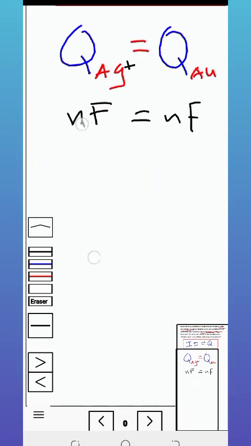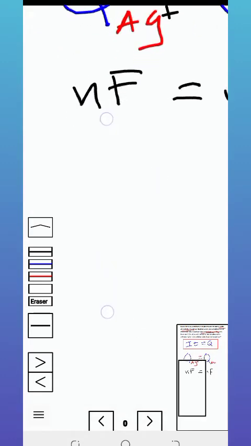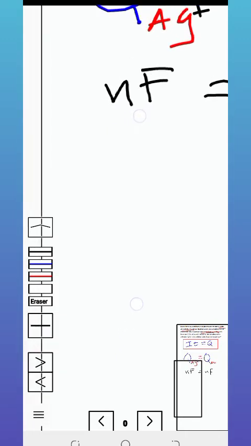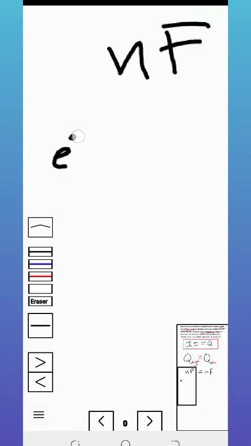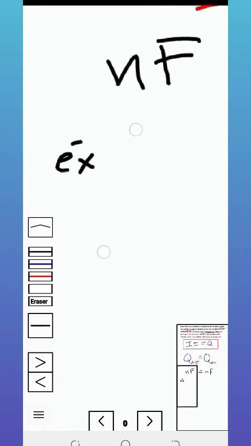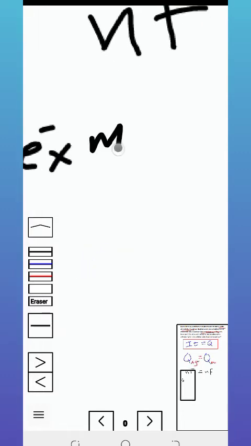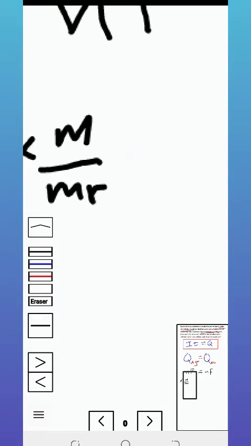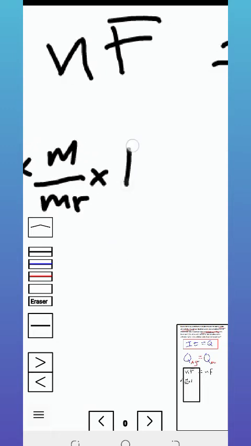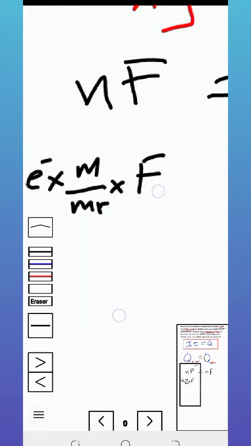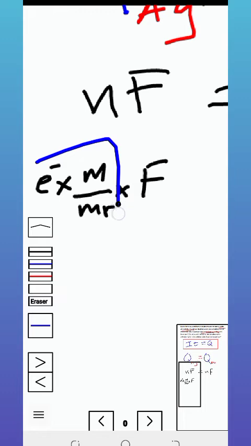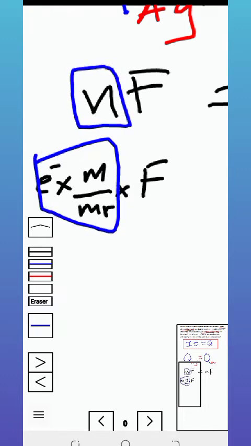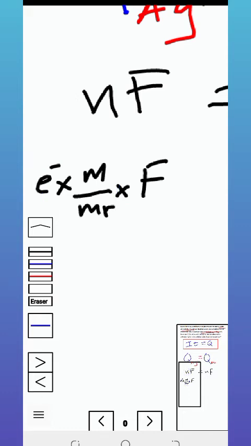So in the case of Ag, we have the number of electrons multiplied by the mass divided by the molar mass multiplied by Faraday's constant. Basically what we have just done is interpret the N that is on top.